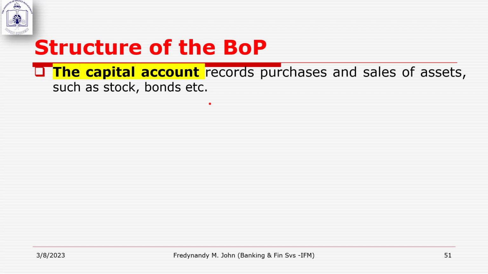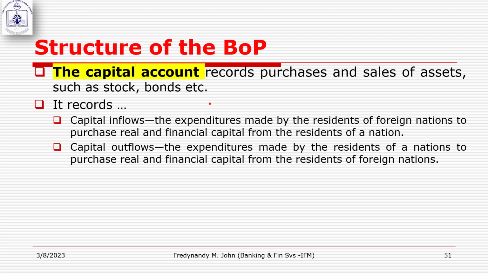Now, the next account is termed the capital account. Capital account records purchases and sales of assets such as stocks, bonds, etc. This account records capital inflow and capital outflows.